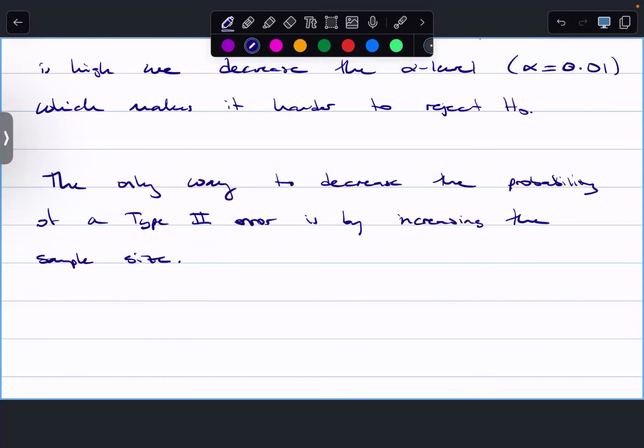So we don't have very much control over the type 2 error. It kind of is what it is, right?